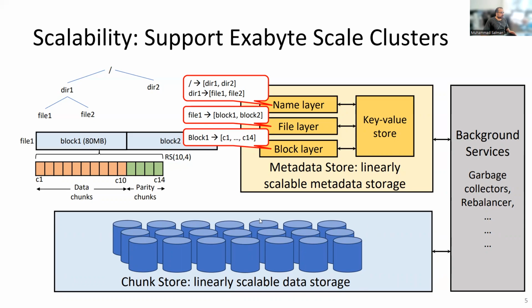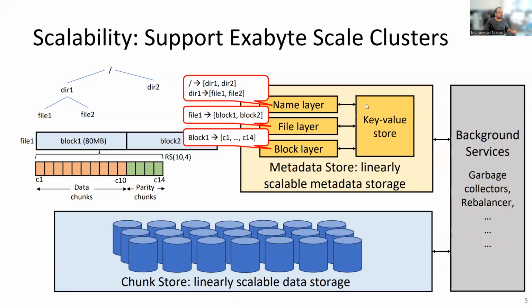All the storage is here, and on top of it there is the metadata store, which is a linearly scalable metadata storage. And also in the background there are background services, for example garbage collector, rebalancer, and fault tolerance, etc. All these things are also working in the background. So let's assume that someone wants to save a file, to save something into the chunks of this storage. First there are a lot of directories, and those directories are handled by the name layer.